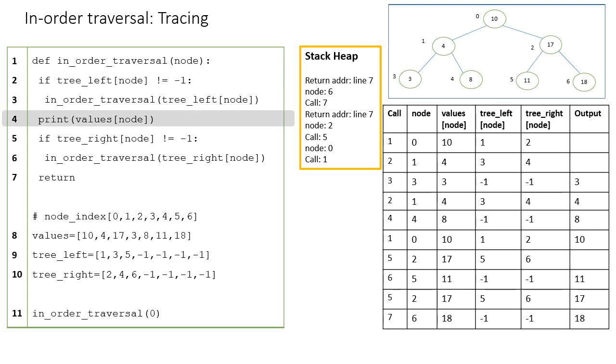We therefore proceed to line 4, where we print out the value of the node, which is 18. We then evaluate whether tree right node doesn't equal -1. Well, that's also false.